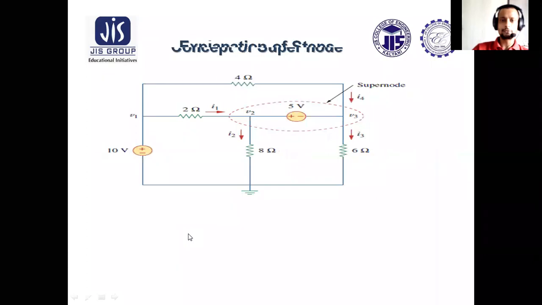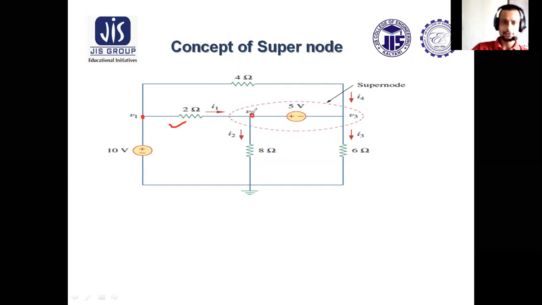Now let us move to the concept of supernode. See, what is I1? I1 is V1 minus V2 divided by 2. So current through this branch could be calculated as per Ohm's law. Current through this branch will be V2 minus 0 by 8. Now what should be the current through this branch?